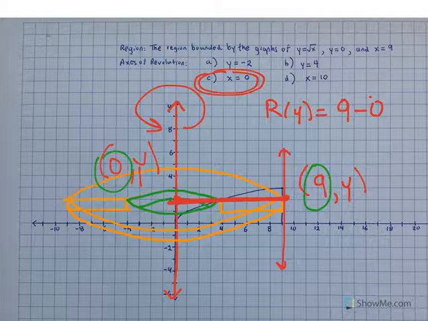So now let's look at lowercase r of y. Lowercase r of y represents the distance from the axis of revolution to the inside edge of each washer.